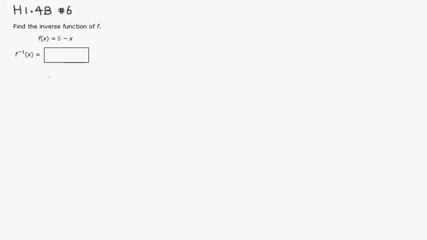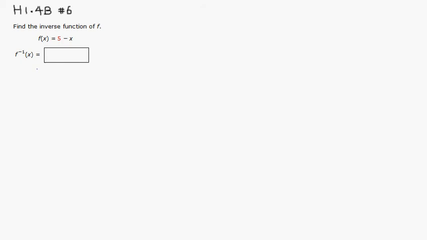Alright, so look at the original function and try to think about what this function does. Right, so it looks like it takes an x value, then negates that x value, then adds 5 to it.